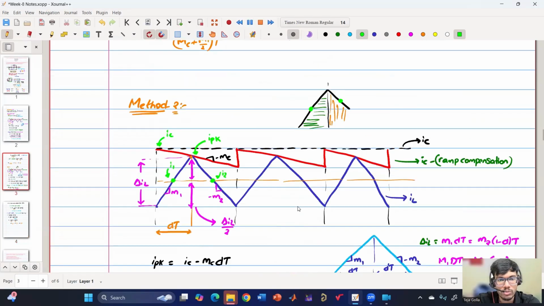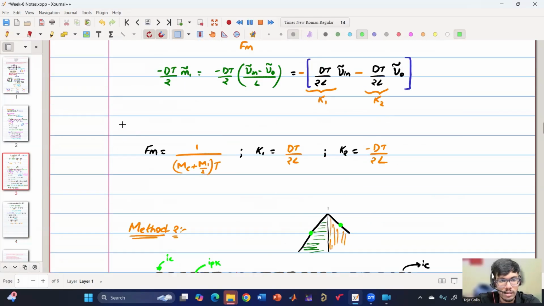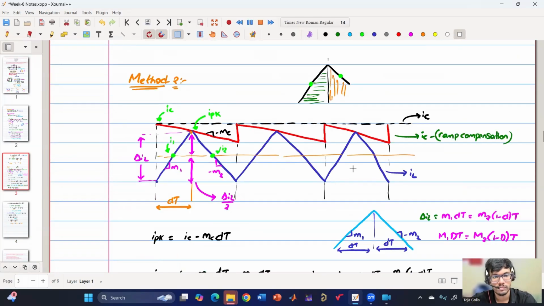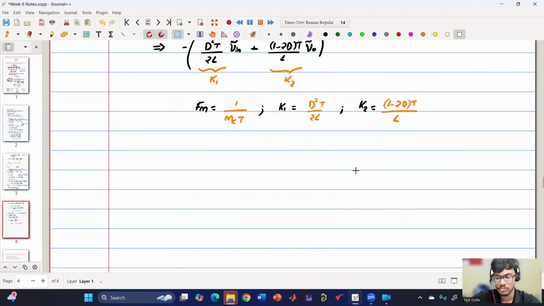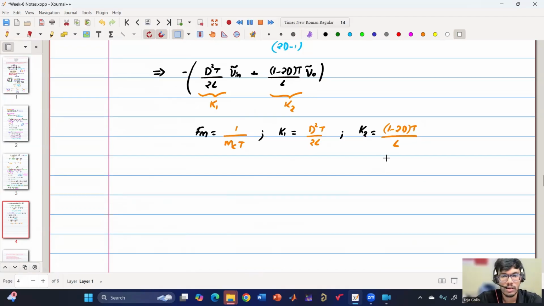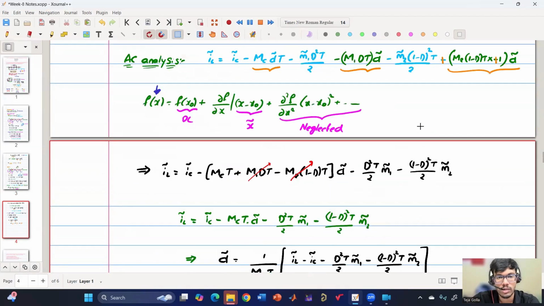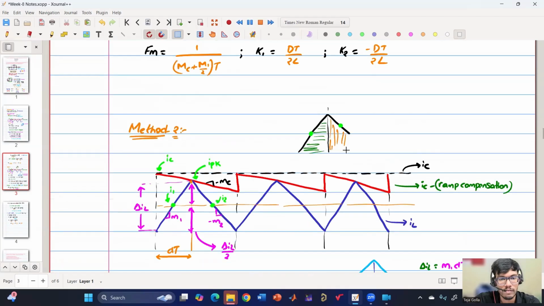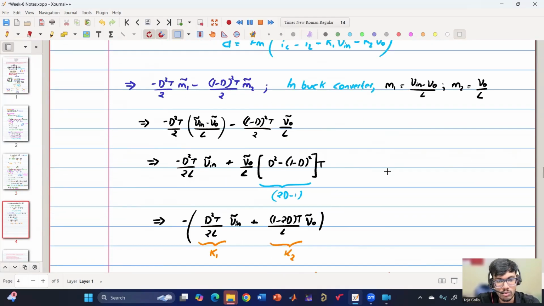So now if I want to compare both method 1 and method 2, I am comparing this method 1 with now method 2.